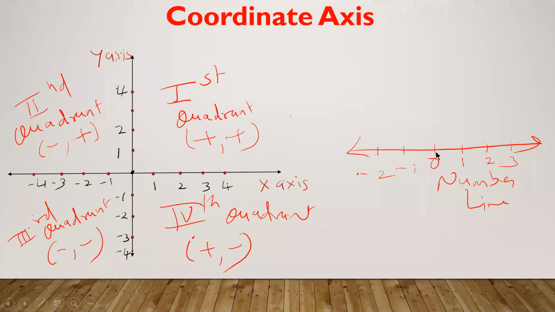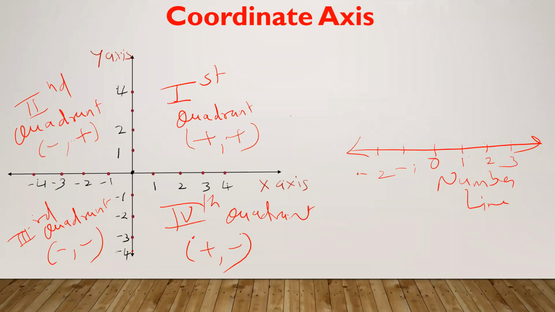Correct? Any number can be plotted on this line. If I want 1.2, after 1 and 2, there will be so many numbers between 1 and 2: 1.1, 1.2, 1.3, 1.001. Many numbers are there. Similarly, the gap between 0 to 1, 1 to 2, they are some numbers. Every number you can represent on the number line.